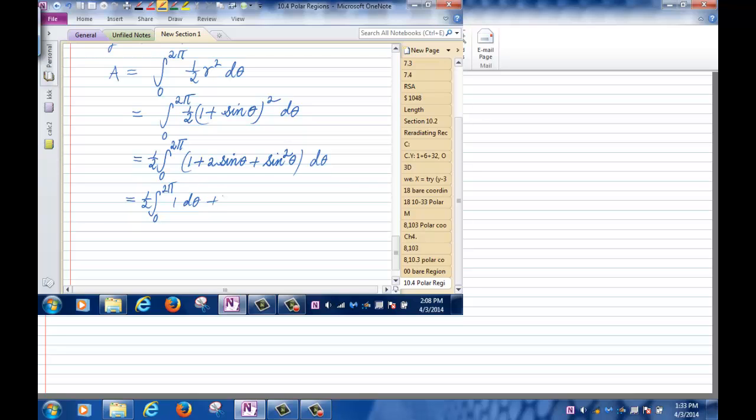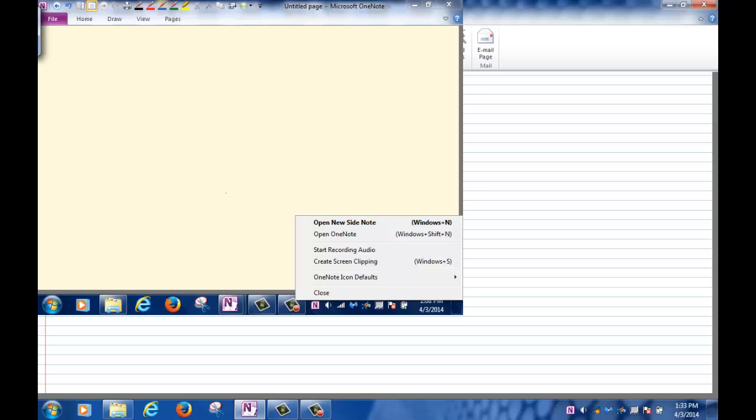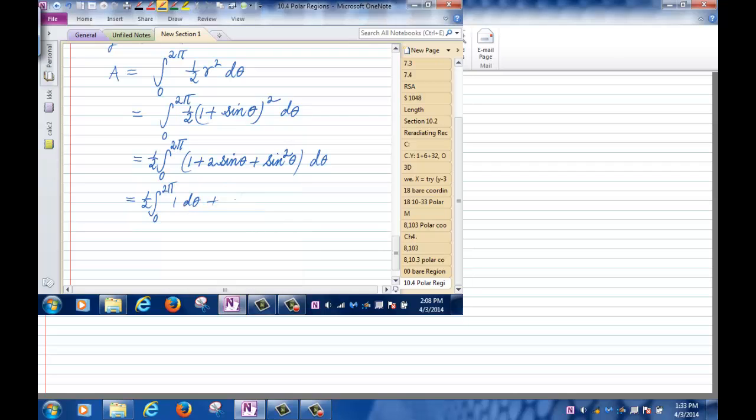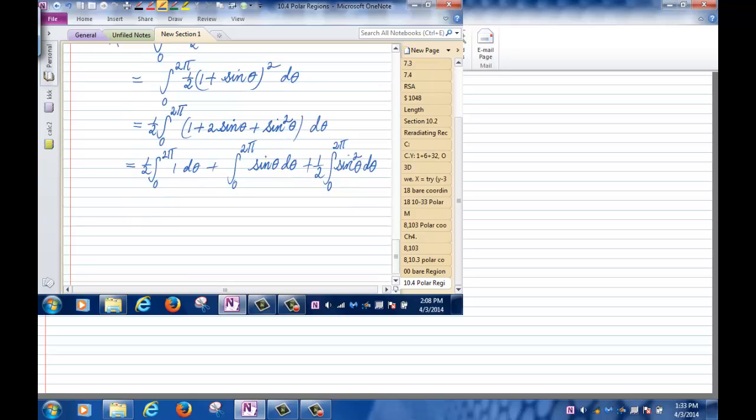Second term, I have a 2 there, right? So that 2 and the half will cancel. Okay, so this is 0 to 2 pi. You see that the 2 and the half cancel out. I have sine theta d theta plus half integral from 0 to 2 pi sine squared theta d theta.